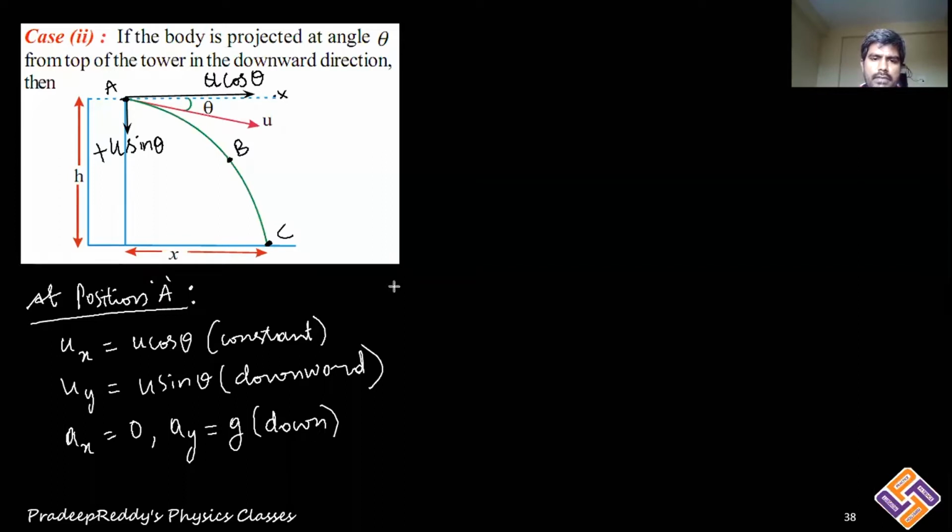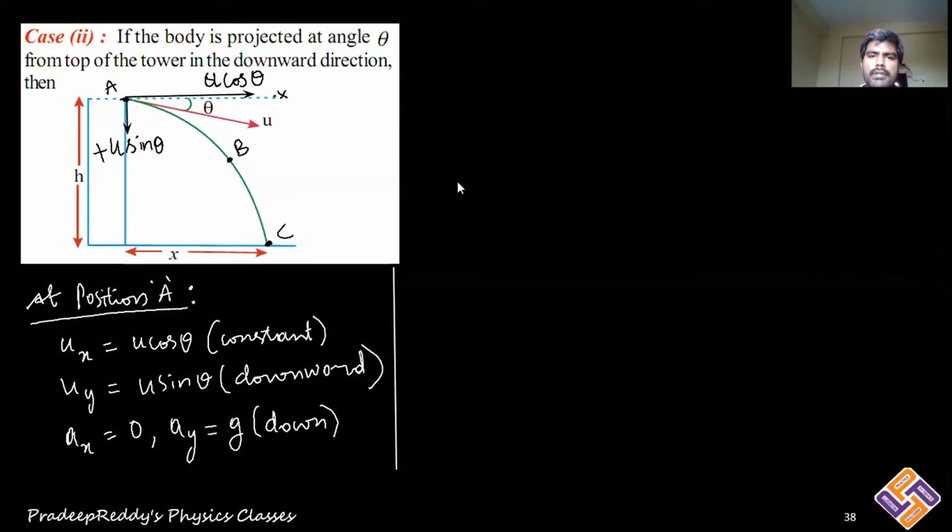When we deal with this kind of motion, you need to remember that along the x-axis the velocity of the body is constant, whereas along the y-axis velocity increases with time when the body is falling down, whereas if the body is going up, velocity along the vertical direction decreases with time.